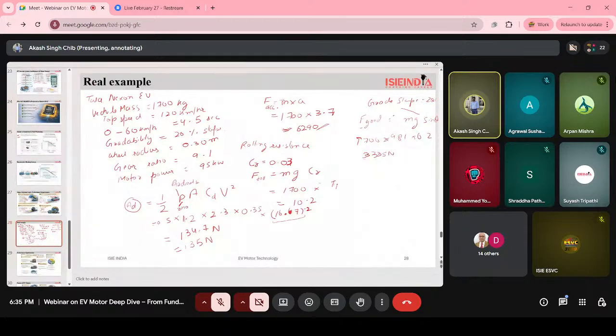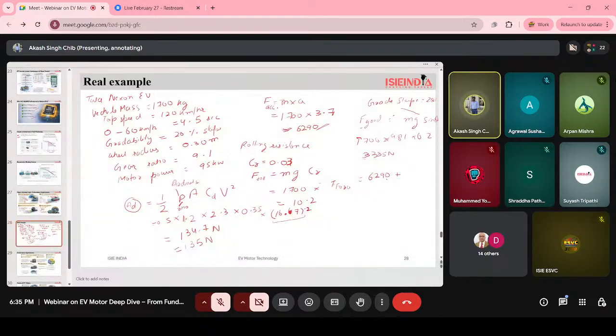Now we have to calculate the total force. In the starting, we get the acceleration force around 6290 plus the rolling resistance. How much did we get for the rolling resistance?